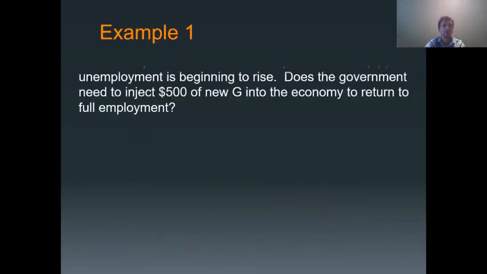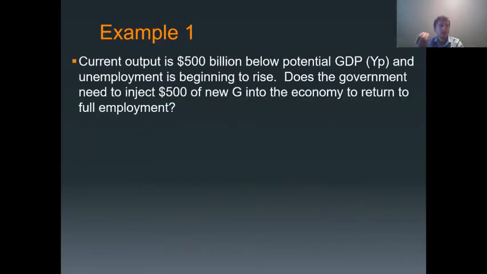So here's our first example. If the current output is $500 billion below our potential GDP, and our unemployment is starting to rise, does the government need to inject $500 billion of new government spending into the economy to return us to full employment?